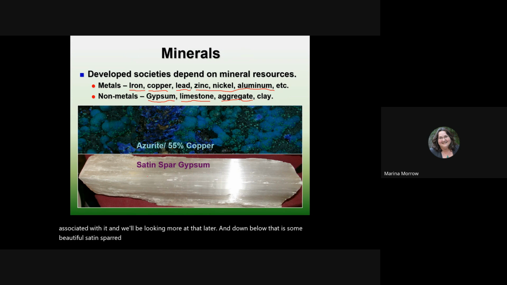It looks too pretty to grind up, but that's what often happens. The satin spar variety is a pretty type of gypsum. You're going to be seeing in your samples for your lab some gypsum that is not as pretty. And we'll look at satin spar gypsum several times because it has some interesting properties.